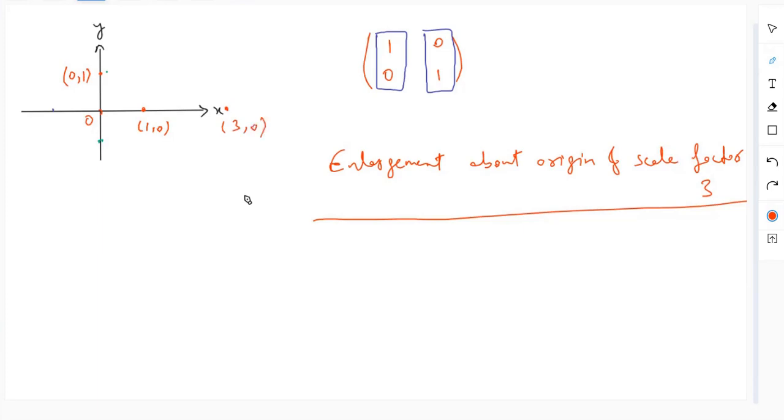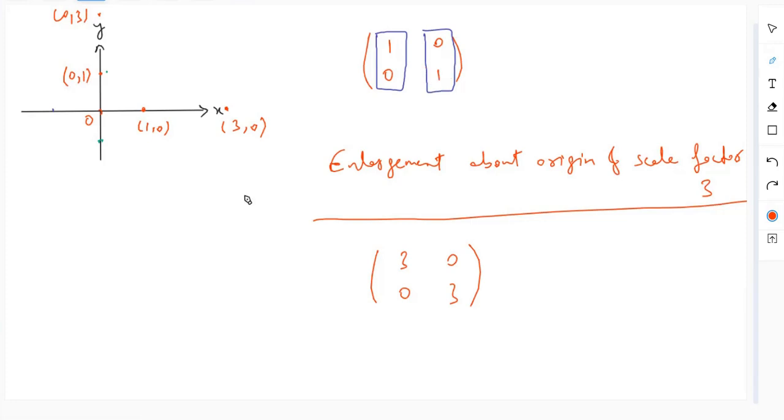So the image की length जो है वो 3 times original है. तो ये पहले 1 length थी, बाद में 3 times हो जाएगी. So 1 0 goes to 3 0. Similarly 0 1, where does that go? That goes to 0 3. Right? Okay. So you see what's happening? जो आपका matrix, जो आपका scale factor था, जहाँ पे 1 था उसकी जगह 3 आ गया, इधर भी जहाँ पे 1 था उसकी जगह 3 आ गया है.